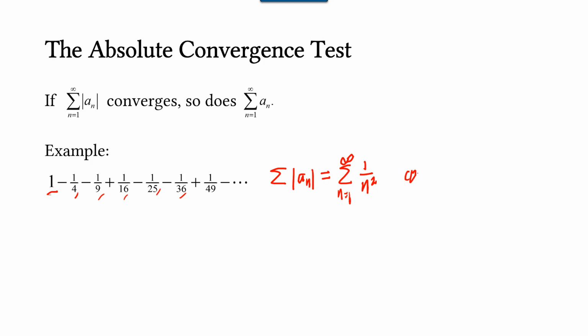This one we already know converges. We could say it converges by the p-series test or by the integral test. And so the original series converges by the absolute convergence test.